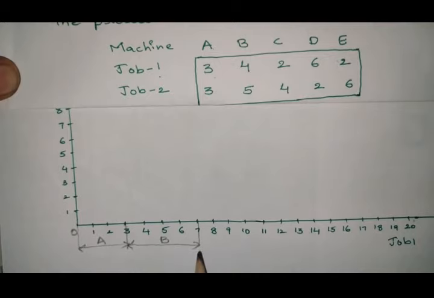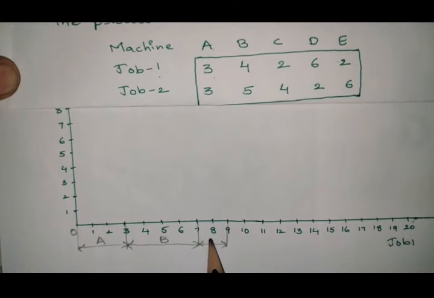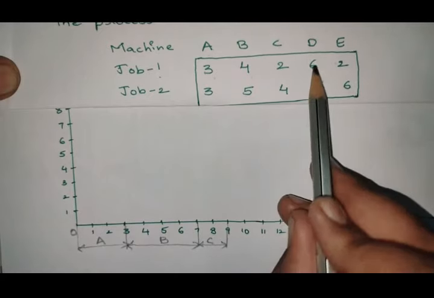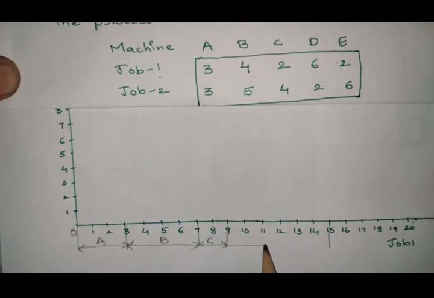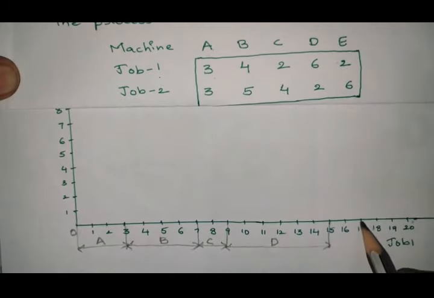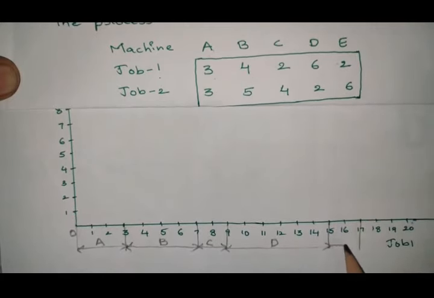Next, 7 plus 2 is 9, so machine C processes job 1. Next, 9 plus 6 is 15, then machine D processes job 1. Next, 15 plus 2 is 17, then machine E processes job 1.